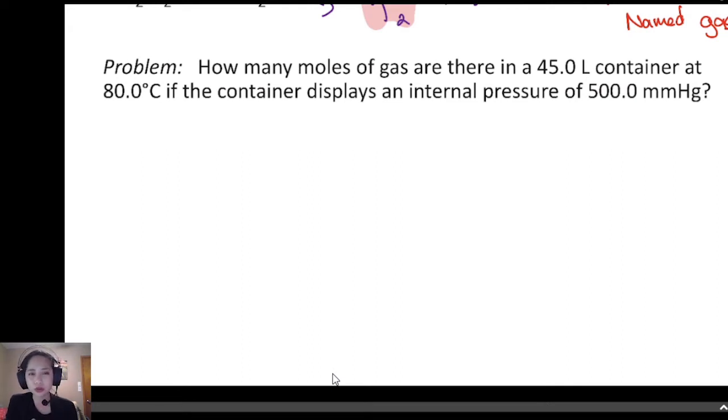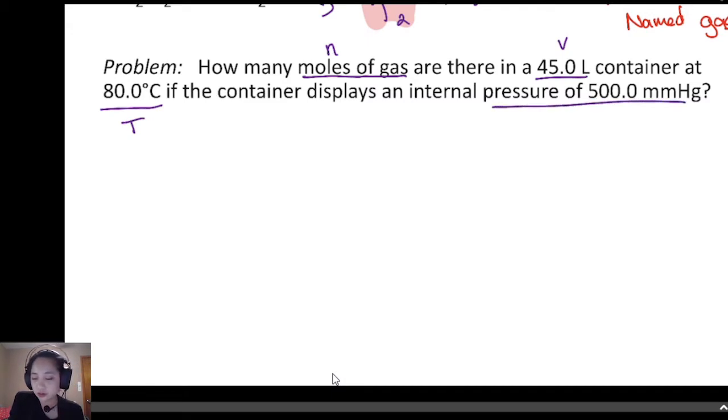So I'll just go through and identify all the numbers that they give us, because I know I'm going to have to use them in the equation somehow. Moles, that's n. How many moles are in 45 liters? So I know that's a volume. At 80 Celsius, there's our temperature, and it displays an internal pressure of 500 millimeters of mercury.